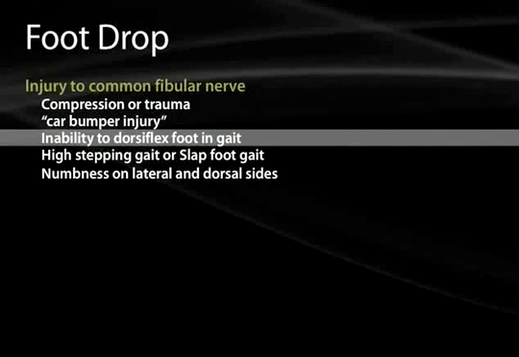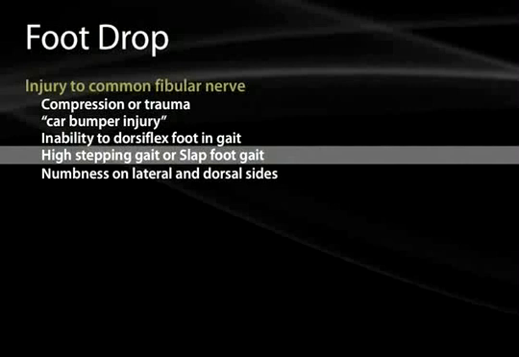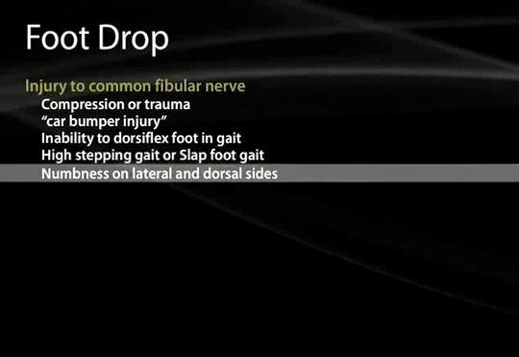Therefore, to clear the foot as it sags into plantar flexion, a person high steps and picks up their knee much higher than they normally would, and the flat hanging foot needs to be slapped down on the ground to ensure that they don't trip. So it's oftentimes called a slapping gait. The numbness on the lateral and dorsal aspects of the foot is a result of the cutaneous distribution of both of these nerves as they finish their motor supply and become cutaneous.